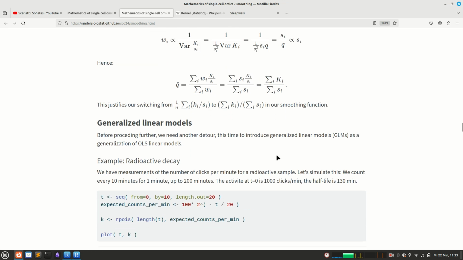So this is for simple kernel smoothing. Now we want to use our local regression smoothing.